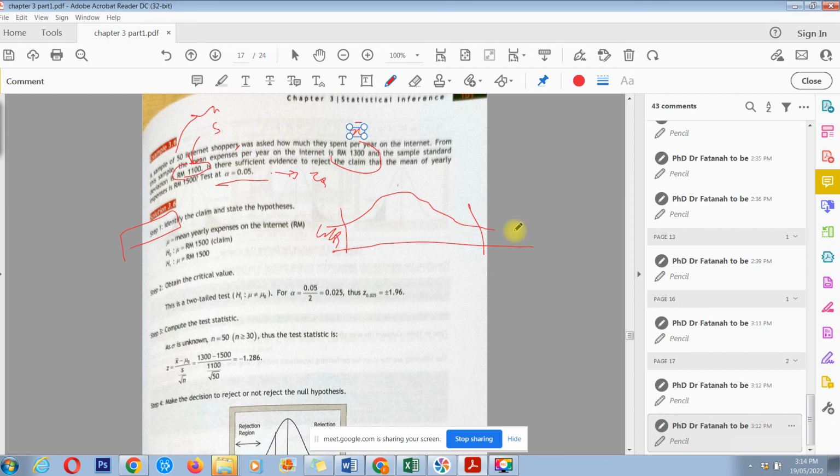So once we have identified the two tail, we need to divide 0.05 by 2.